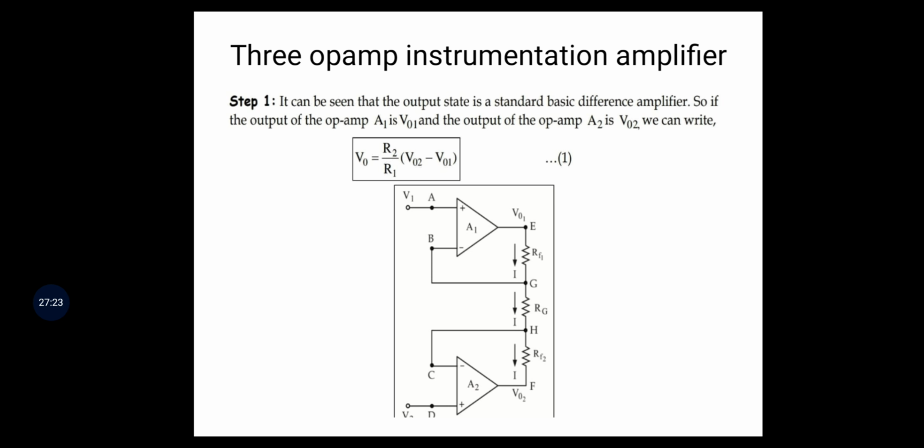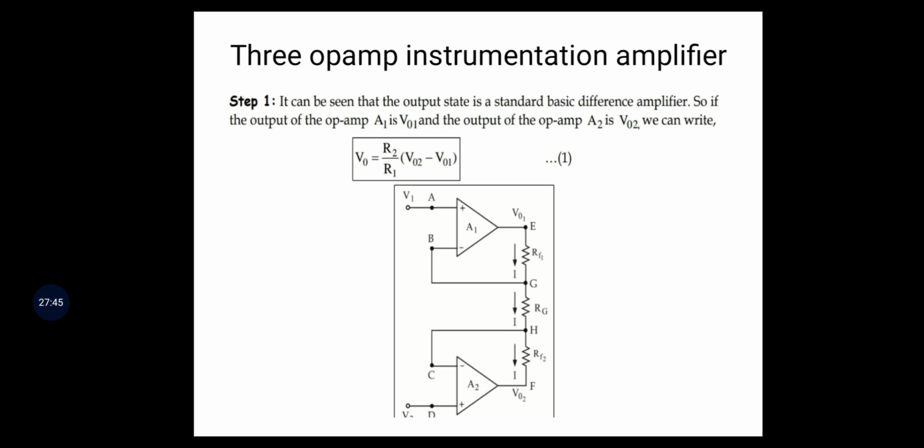Here the circuit shows the 3 op-amp instrumentation amplifier. It can be seen that the output stage is a standard basic difference amplifier.